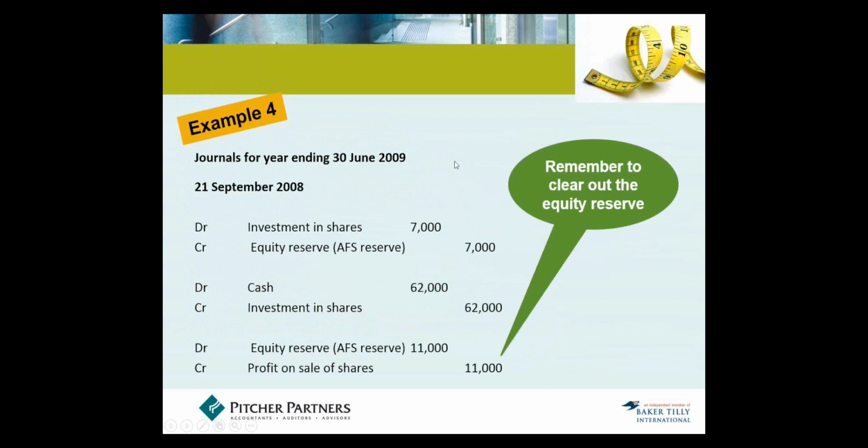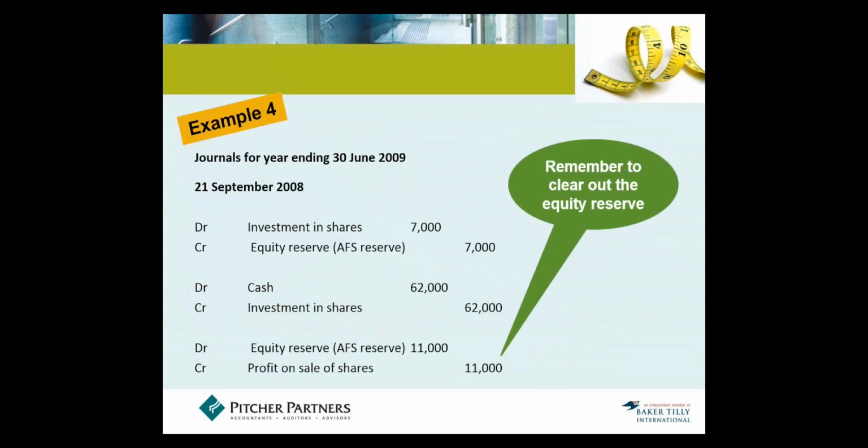And then in the next year, when you sell the shares, the way I do it, I first revalue the shares at the date of sale. So I debit investment in shares with $7,000, and I credit my AFS reserve, because at the previous reporting date, it was in the records at $55,000. We now know fair value is $62, so we debit investment to get it up to $62.